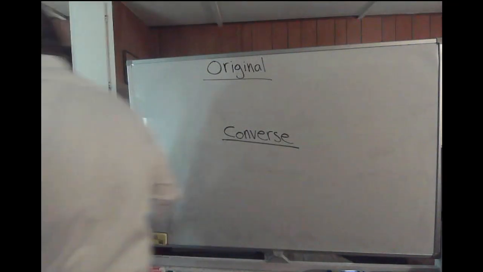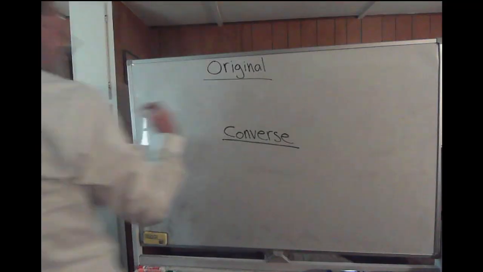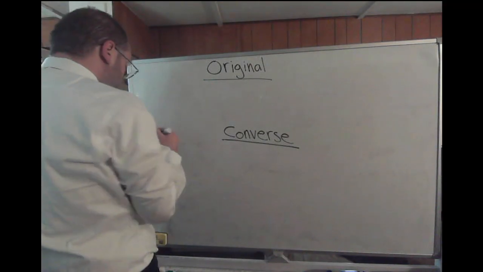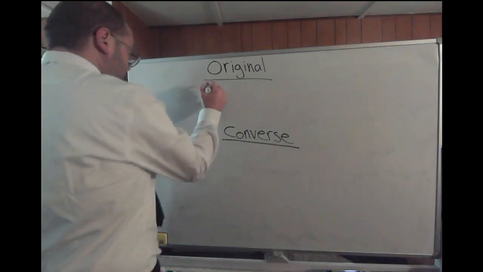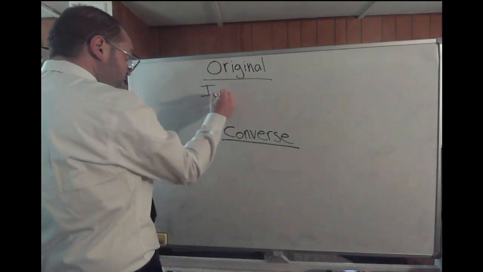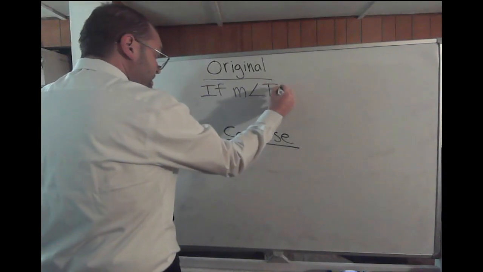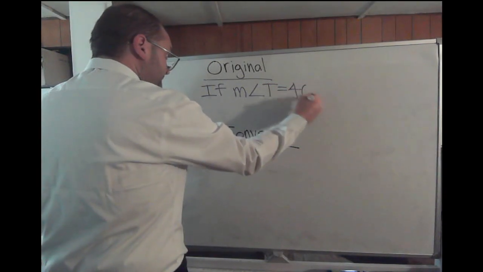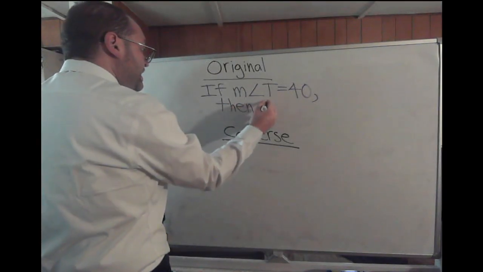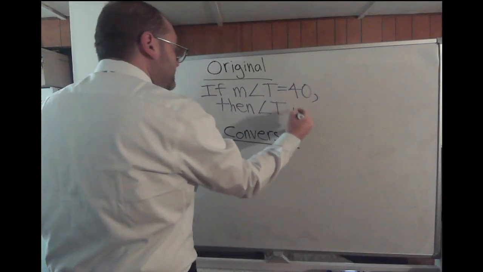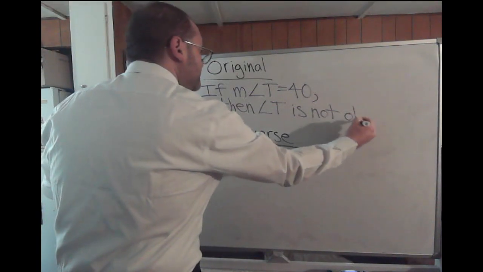Okay, what's the next one? If the measure of angle T equals 40, then angle T is not obtuse.